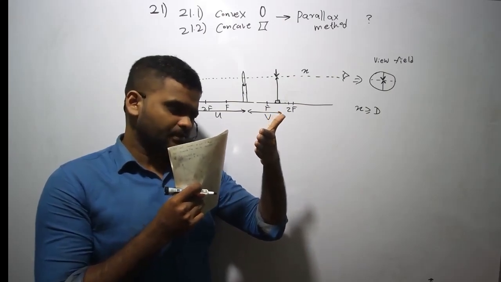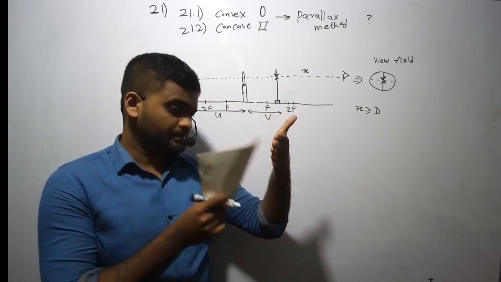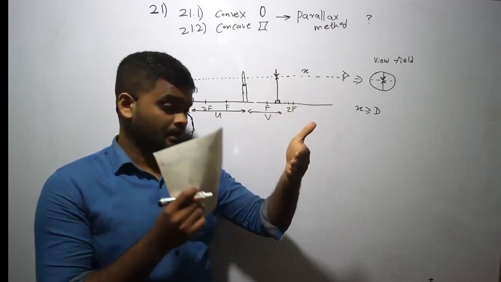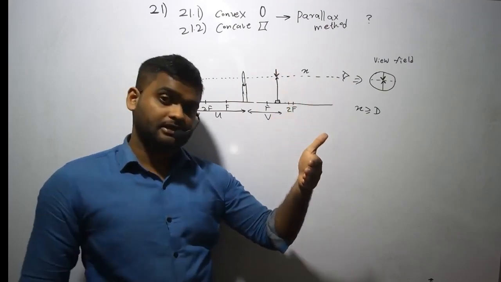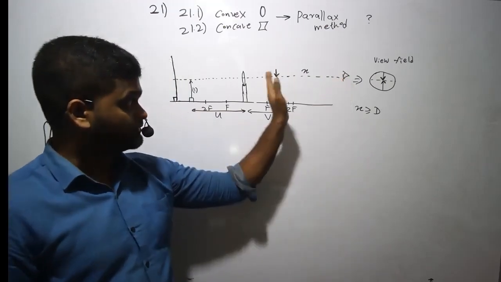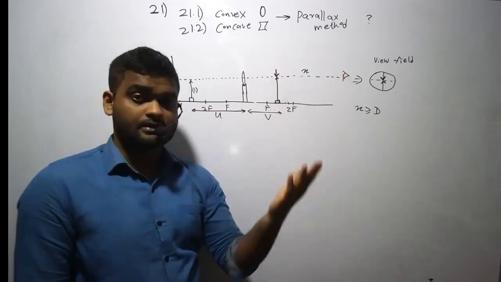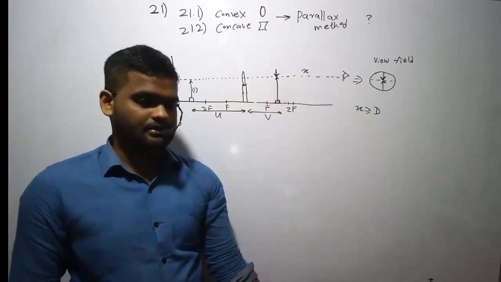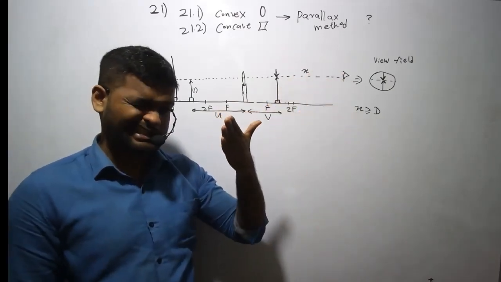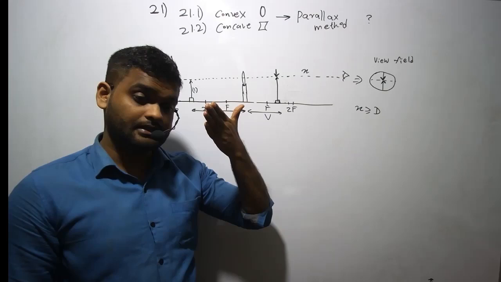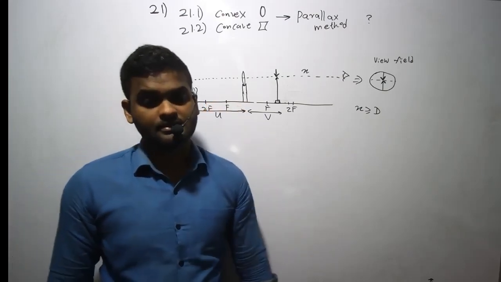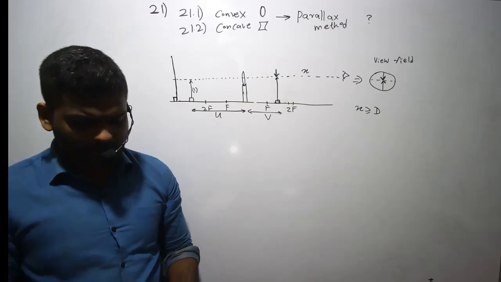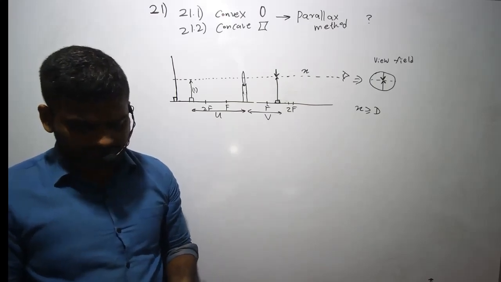To clearly see the image, you have to make sure that the image is beyond 25 centimeters from the eye. You would automatically do that, because you cannot clearly see objects closer than 25 centimeters. But if they ask a question, you should be able to state this as well.